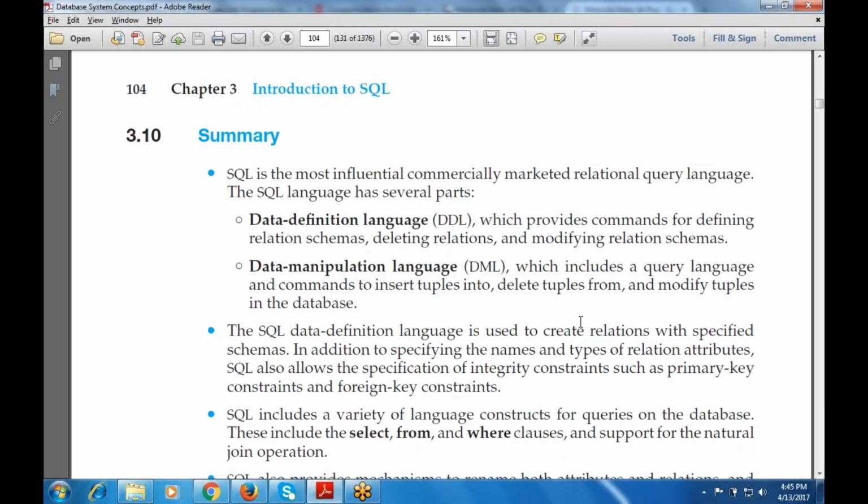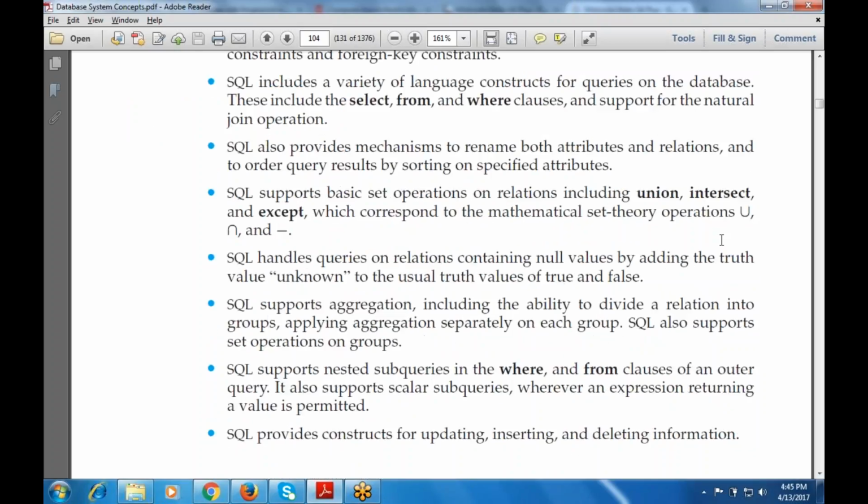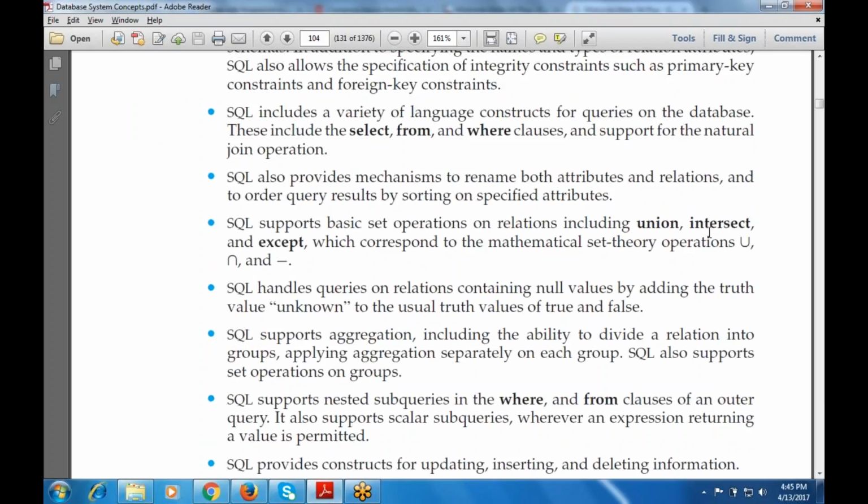This includes the select, from, and where clauses. SQL also supports basic set operations on relations, such as union, intersect, and except, which correspond to the mathematical set theory operations union, intersection, and difference.